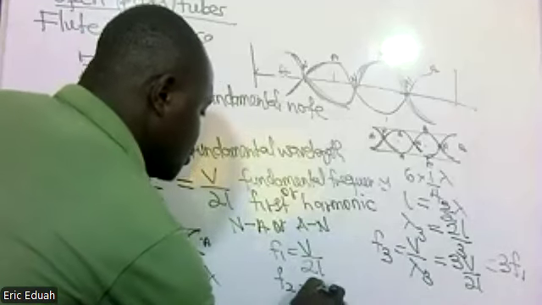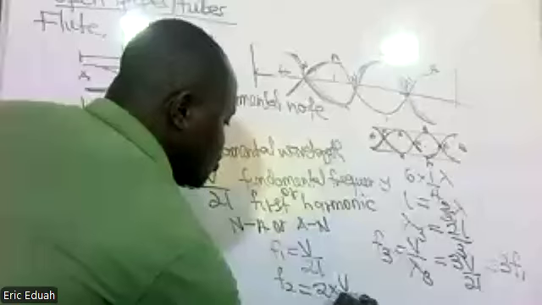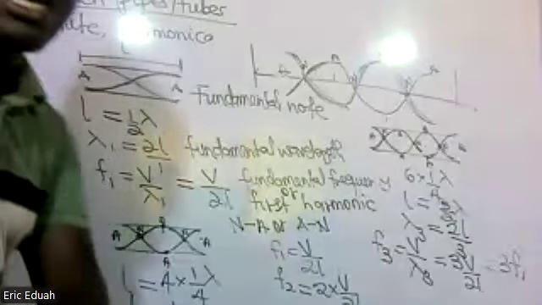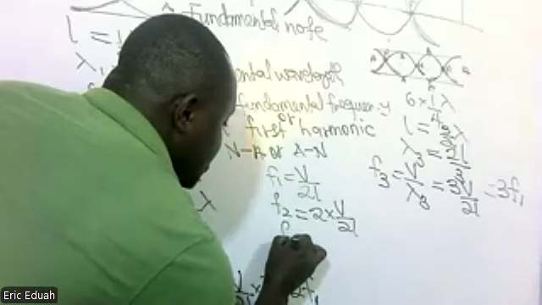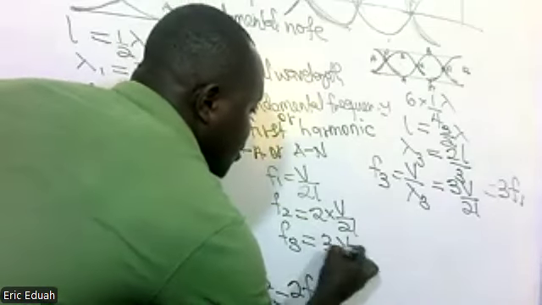F2 equal to 2 times V on 2L. Then F3 also gives us 3 times V on 2L.